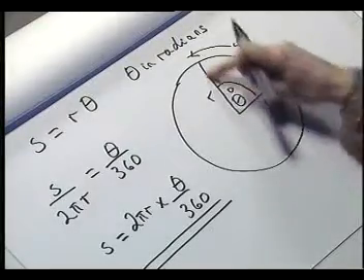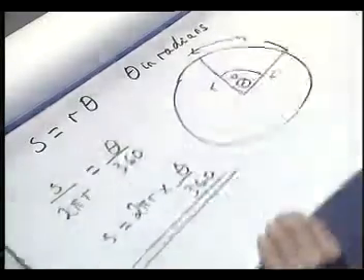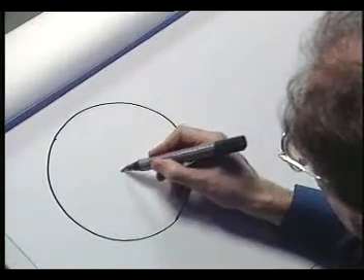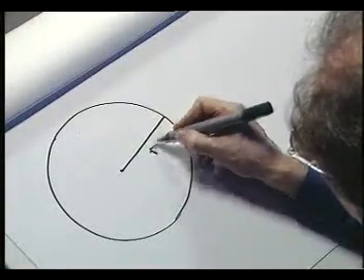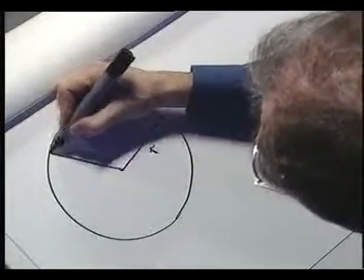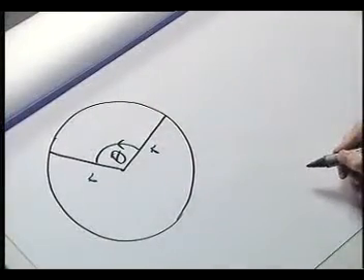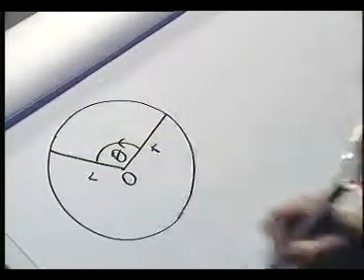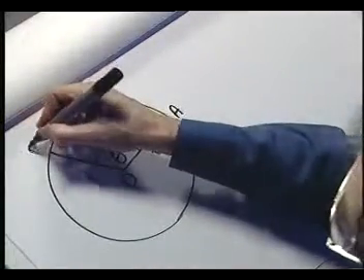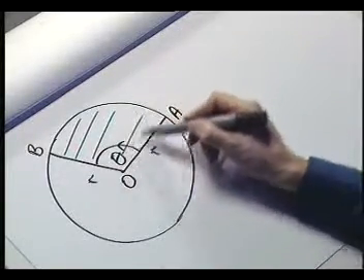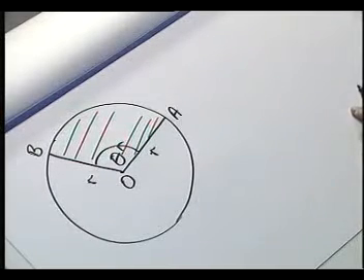What about another formula? What about the area of this sector? Well, let's have a look at that. Here's our circle again. Radius r. An angle theta. Let's call the centre of the circle O, and let's label the 2 points A and B. What's the area of this sector of the circle, this slice of the pie, so to speak?